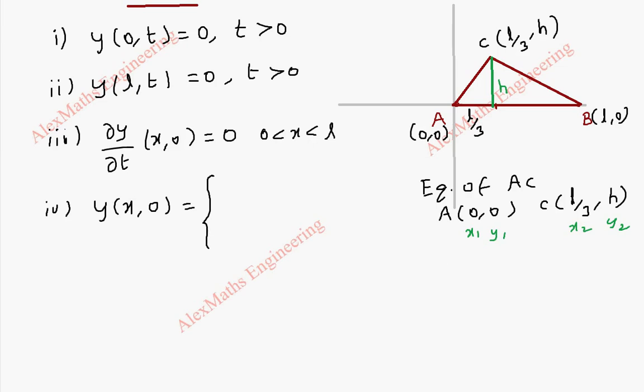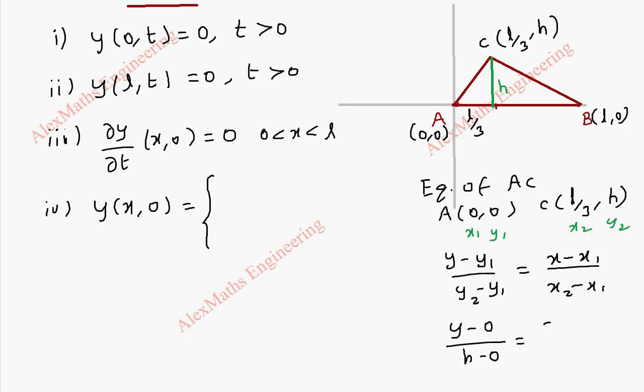Now y minus y1 by y2 minus y1 equal to x minus x1 by x2 minus x1. So y minus 0 by h minus 0 equal to x minus 0 by L by 3 minus 0.